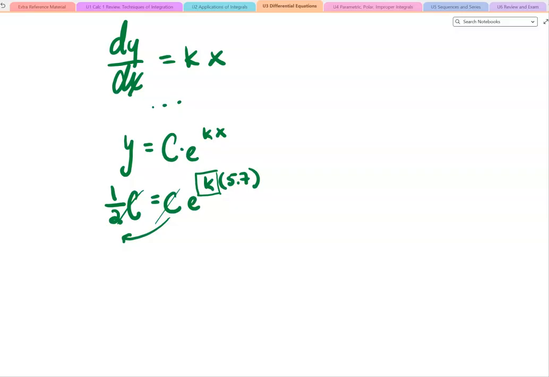So we don't need to know the initial value, and we can continue to solve. Then we'll apply a logarithm to isolate the k times 5.7. Then we'll divide by 5.7. And ultimately we get that k is equal to the natural log of 1/2 divided by 5.7.